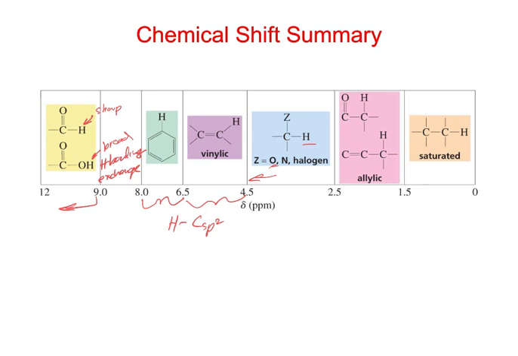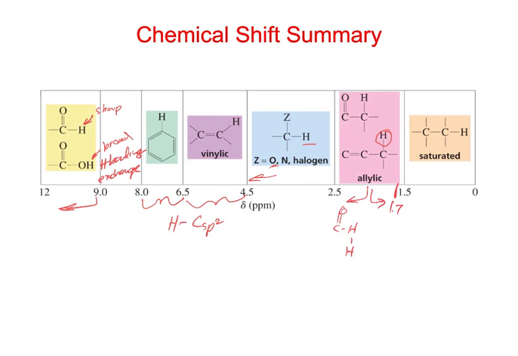Okay? In the 1.5 or maybe 1.7 to 2.5 are usually protons that are adjacent to a pi bond. On the downfield side of this are usually the ones that are next to a carbonyl group, and on the upper side of this are usually the allylic ones, like this one here, next to just an alkene.